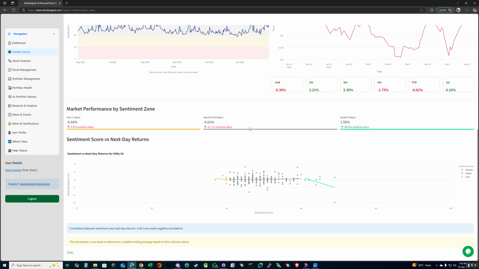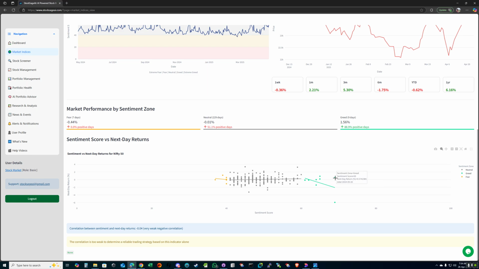There is also a detailed analytical chart which showcases the correlation between the sentiment and the next day return for that market. So if you see over here, we have noted that most of the time the market has been in a neutral zone, and there have been positive as well as negative next day returns. The same goes for when the market was in greed. You can see a lot of variations.